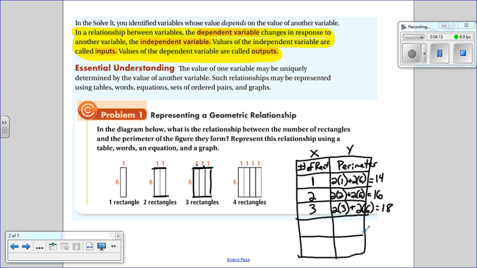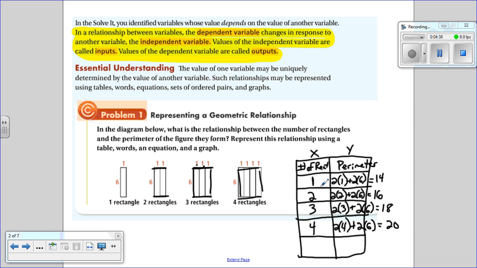We'll do one more. When we have 4 rectangles, again, we have two of these sides, which each one is 4, and we have two of these sides, which each one is 6. So we get 8 plus 12 is 20.